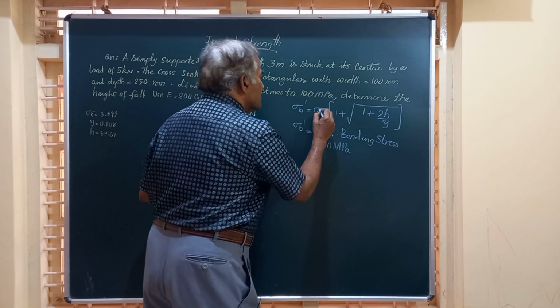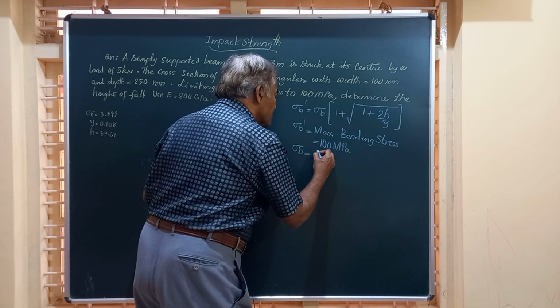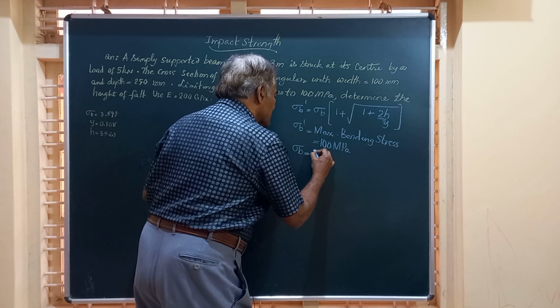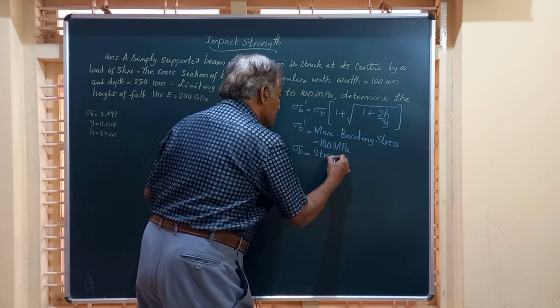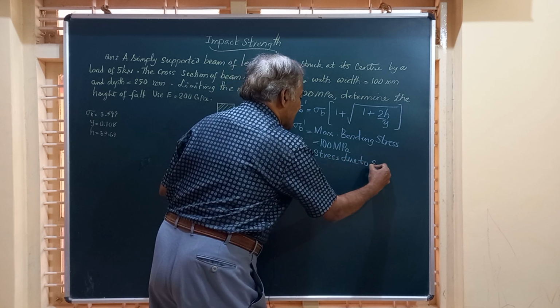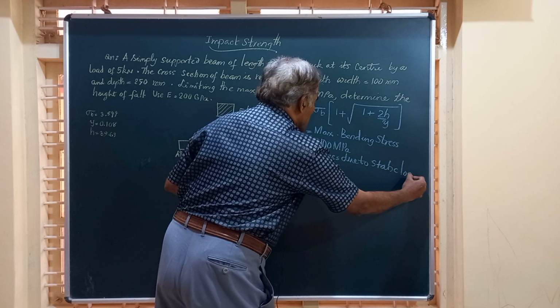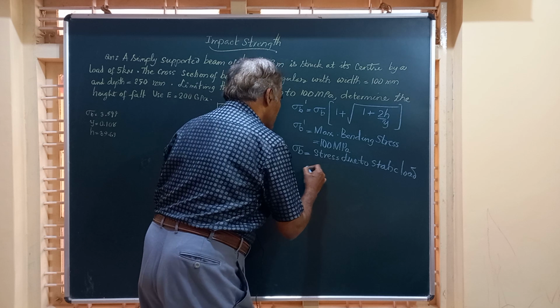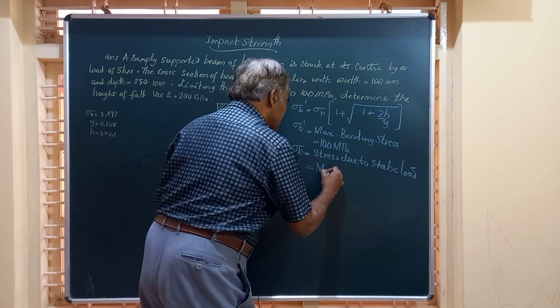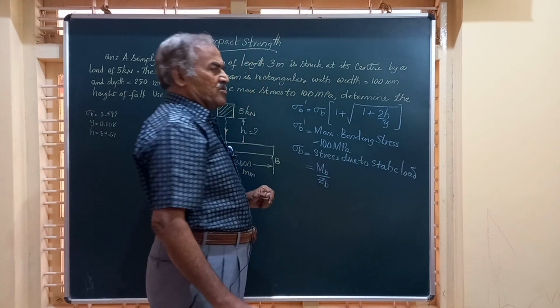Then sigma b is the bending stress due to static load. This is given by the formula Mb by Zb, bending moment divided by section modulus.